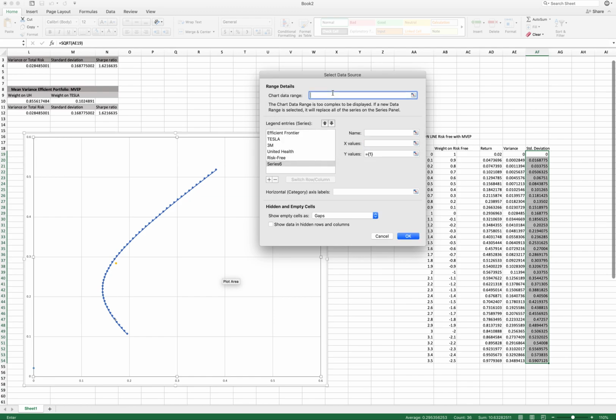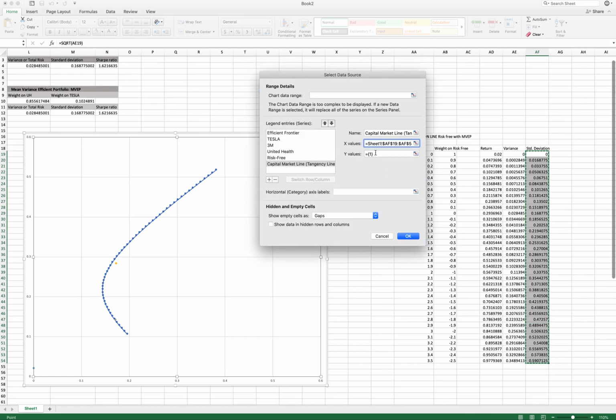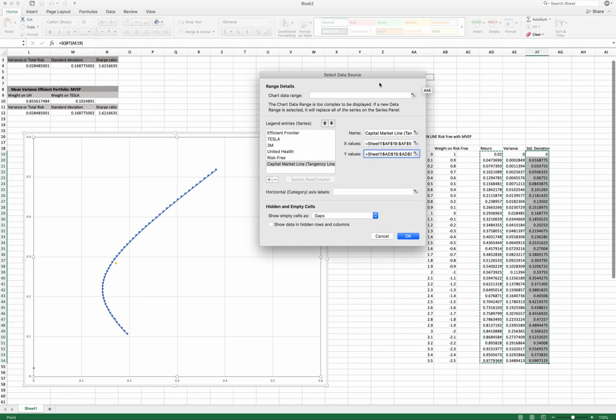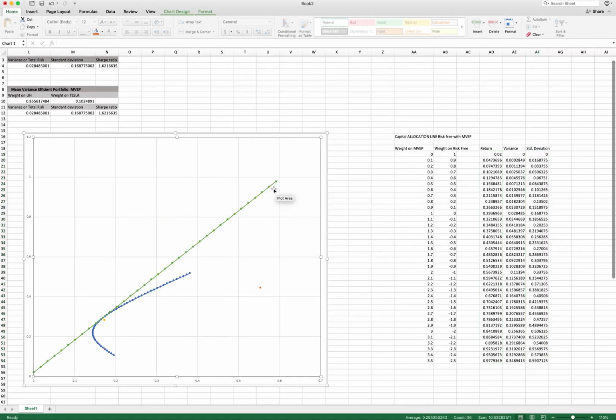What am I doing? X values is going to be this thing, standard deviation. Y value is going to be return. Okay, and there we have it.